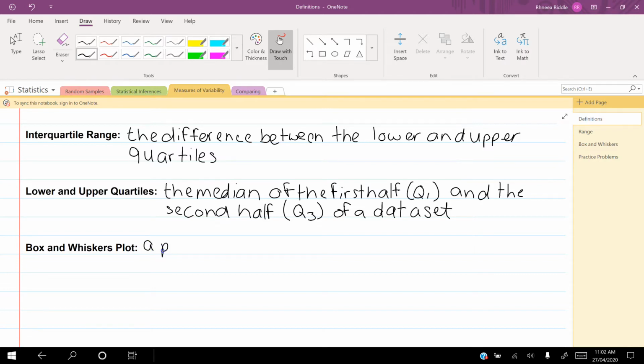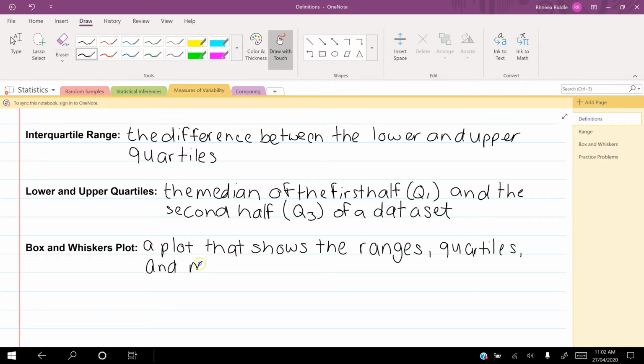So a plot that shows the ranges, quartiles, and median of a data set.